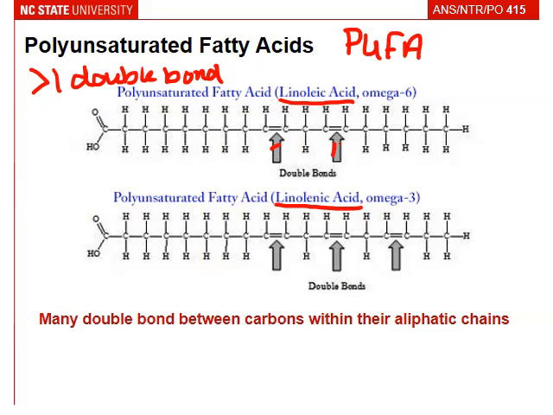We have 1, 2, counting from the omega end. And our linolenic acid has 1, 2, 3 double bonds starting from the omega end. So 1, 2, 3 carbons, 6 carbons, 9 carbons. And this is also what's making up the omega-6 and omega-3. These are the two most common omega-3 and omega-6 fatty acids that you're going to encounter.